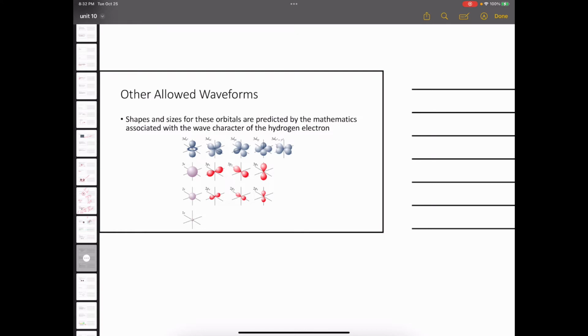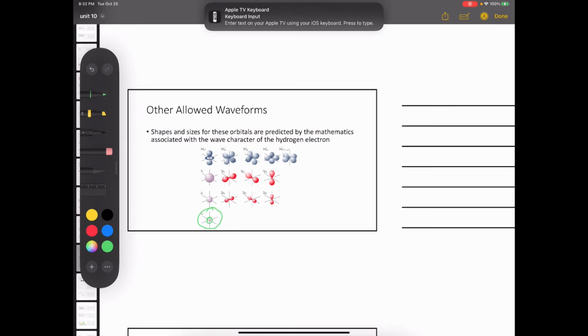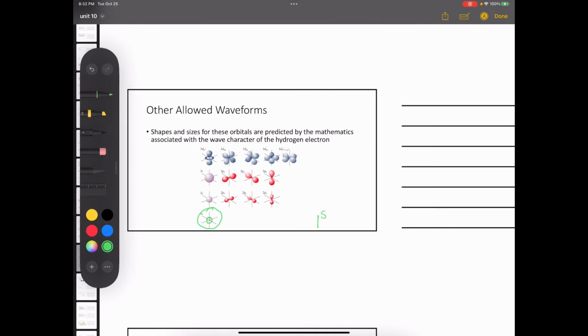So when we look at the s orbital, again, one more time, this is the s orbital, which has a small tiny spherical shape. And this is the first. This one is the first principal energy level, this one right here, because we have only the 1s.